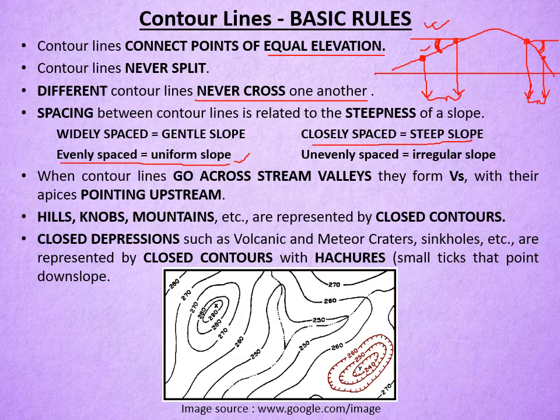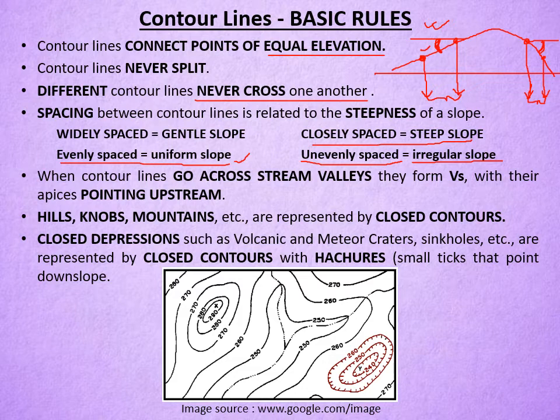Oppositely, if you see that the contour lines are unevenly spaced, then the slope of that area is irregular. That means the slope in that area varies from one point to another. Somewhere it is steeper, somewhere it is gentle.